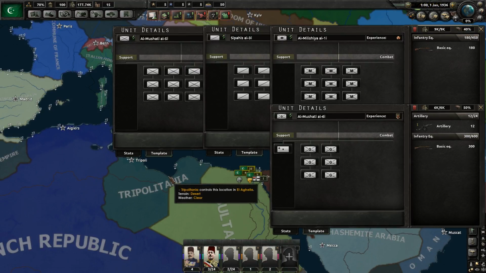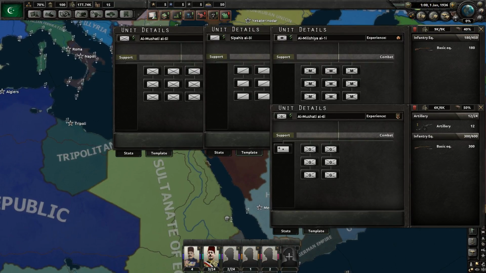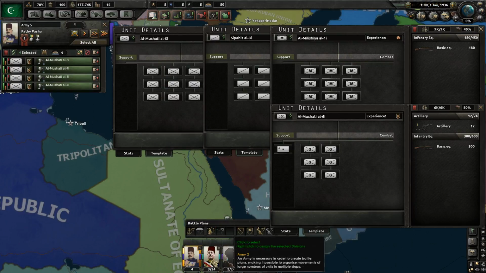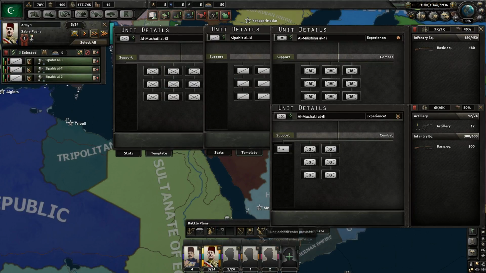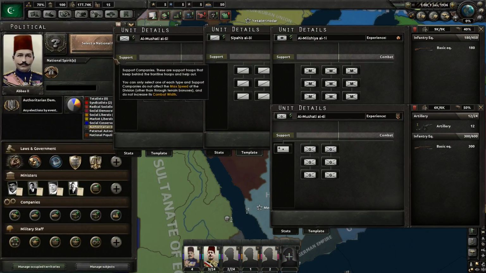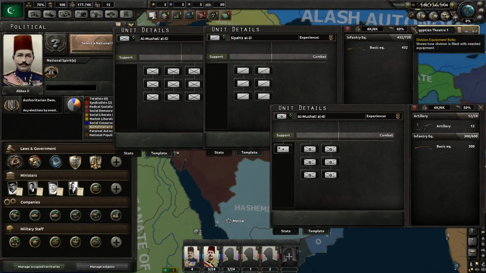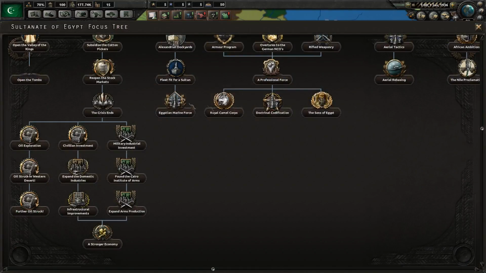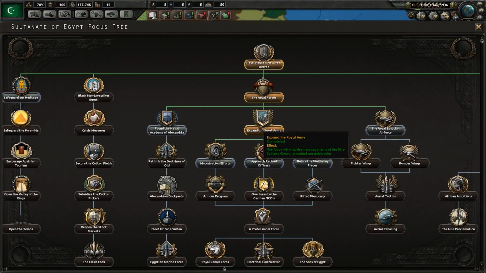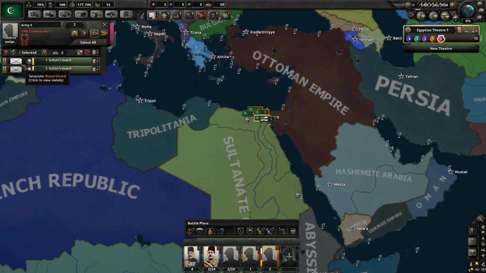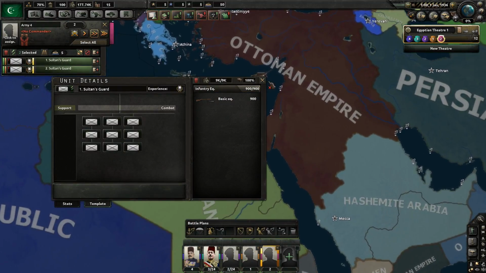Egypt's army, starting off, is pretty good. You have 4 divisions of infantry, 3 divisions of cavalry, 2 divisions of militia, 1 garrison, and then very soon down the focus tree, with the expand the royal army focus, you receive a couple of veteran units that are basically just your normal infantry divisions.